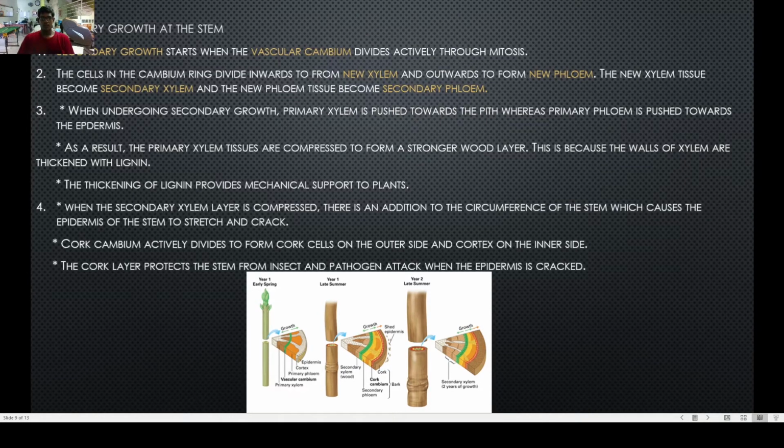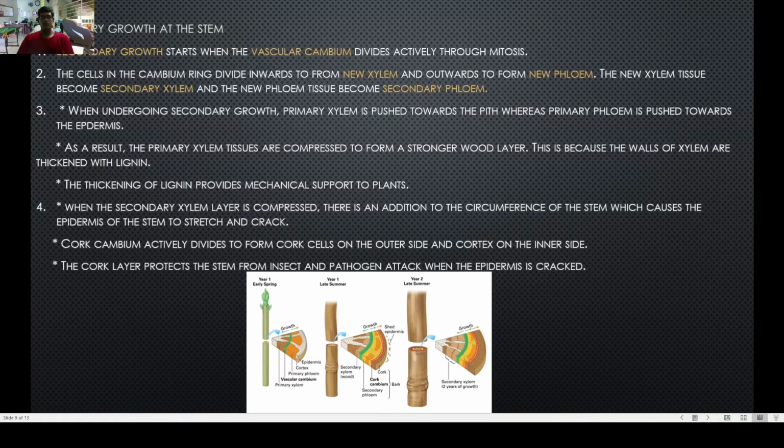As a result, the primary xylem tissues are compressed to form a stronger wood layer. This is because the walls of xylem are thickened with lignin. The thickening of lignin provides mechanical support to plants. When the secondary xylem layer is compressed, there is an addition to the circumference of the stem, which causes the epidermis of the stem to stretch and crack.